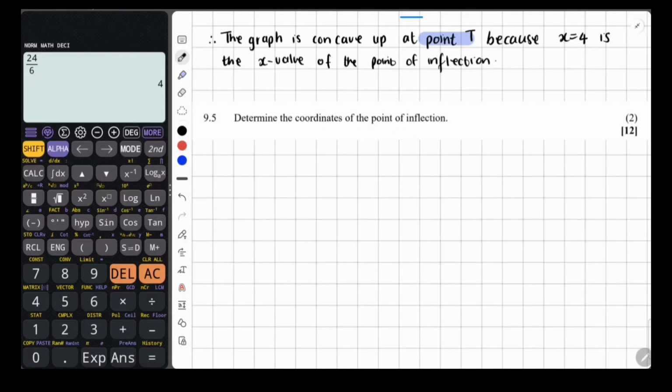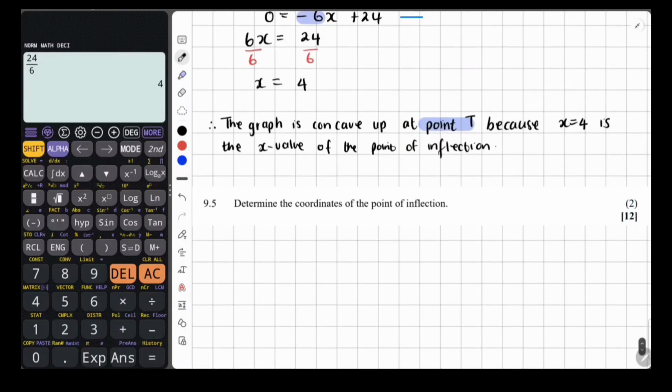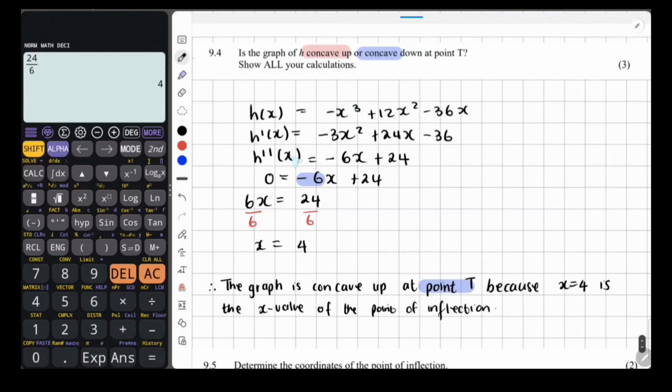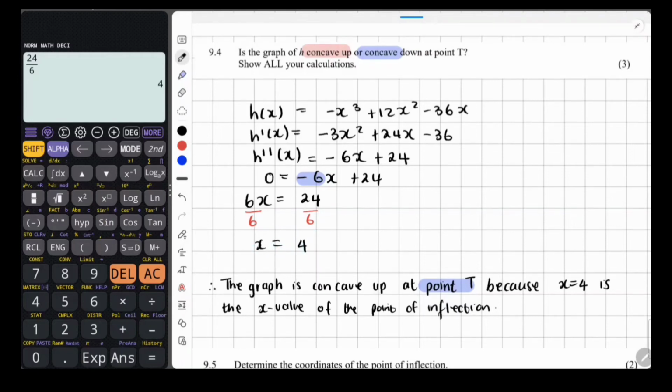Okay, now about this, because it's 2 marks, I feel like they might not have wanted you to find this about the concavity using this method, because using this method, we would already find the x value of the point of inflection.